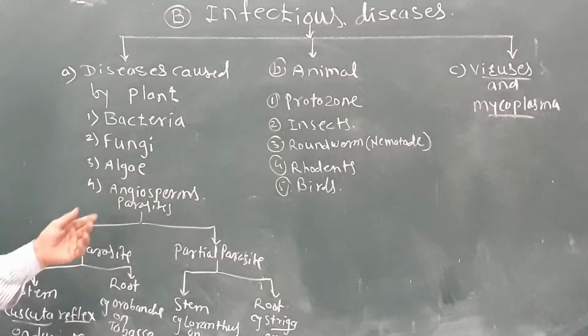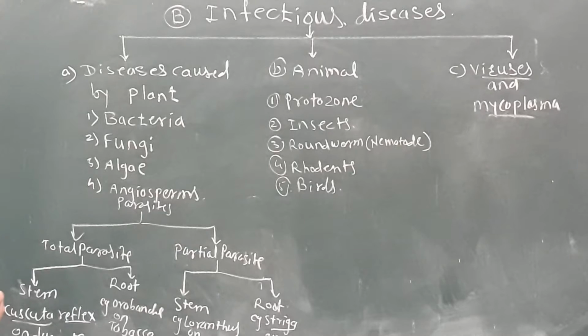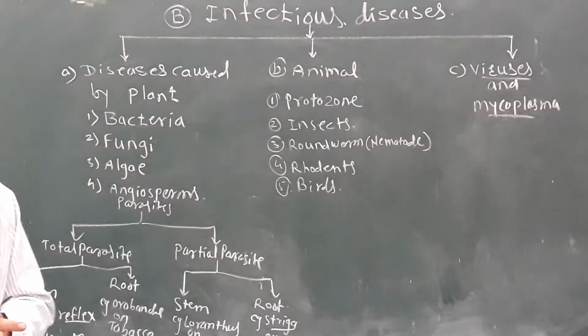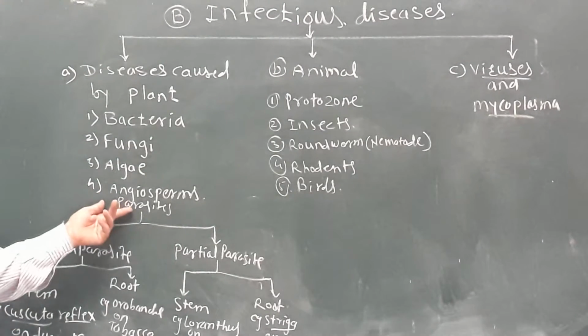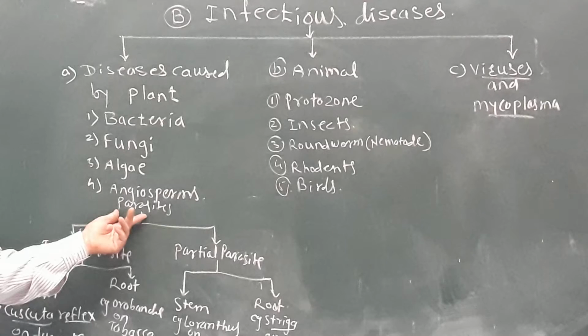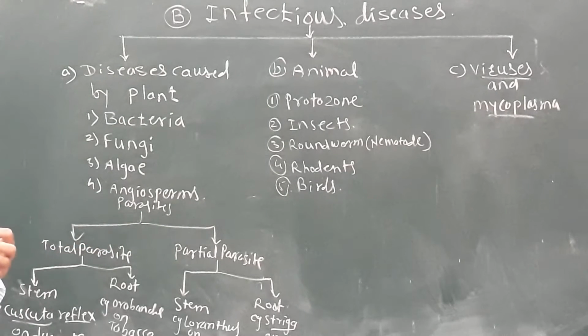Then some angiosperm parasites. Angiosperm parasites grow on the host and produce harmful effects. They grow on other plants, absorb food material, and produce haustoria. Haustoria are the penetrating or absorbing organs of the parasites, and they penetrate deeply into the host body and absorb food material.